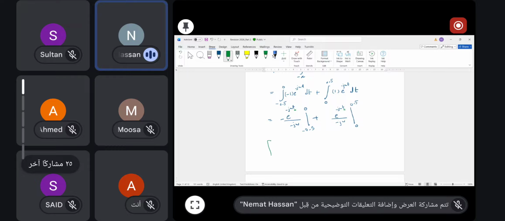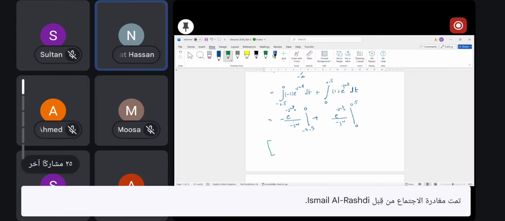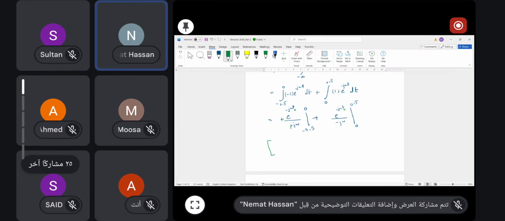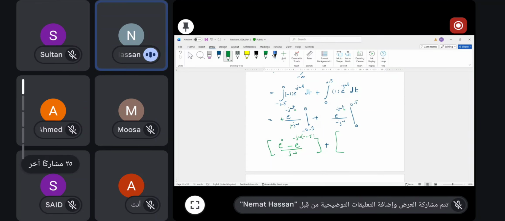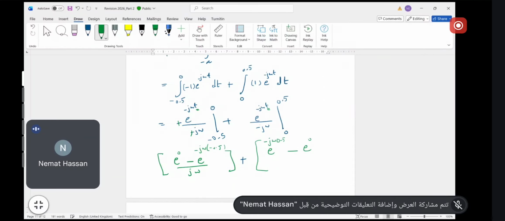So the first term will have, now obviously this negative and this negative cancel each other out, so you'll have e power 0 minus e power minus j omega minus 0.5 over j omega. That's the first term, right? Plus the second term would be e power minus j omega 0.5 minus e power 0 divided by minus j omega.